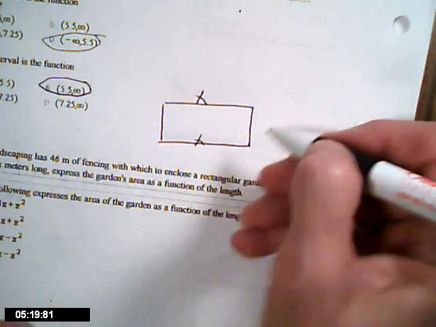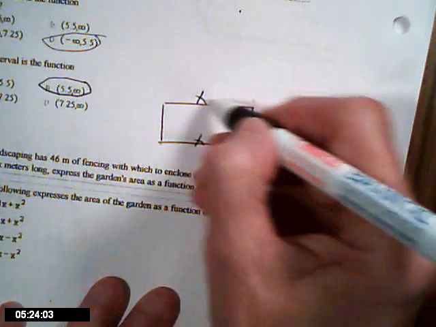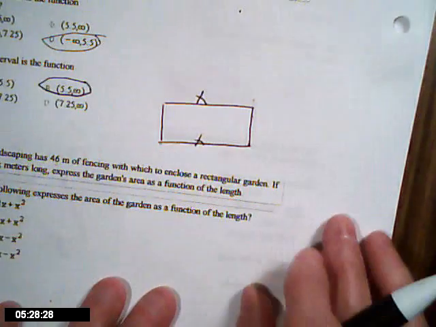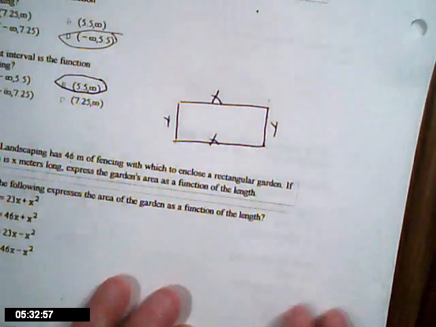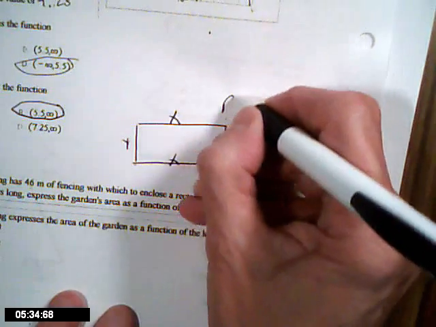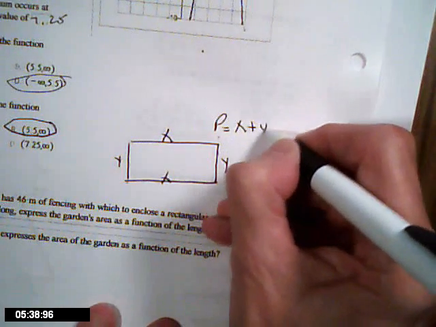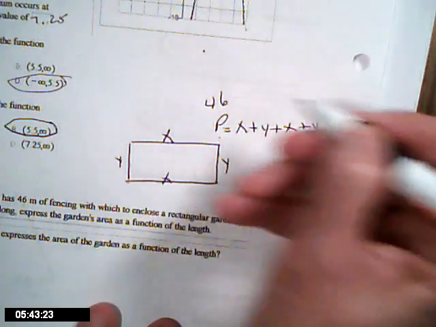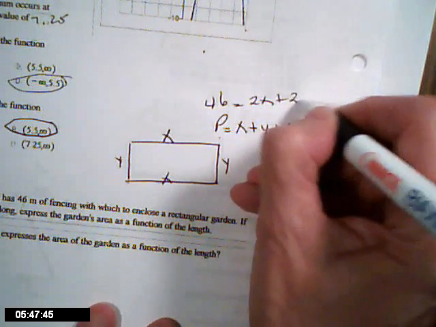Well, if this is x, remember I have to go all the way around this garden, using only 46 meters of fencing. So let's say that this is going to be, let's just call it y. That 46 is our perimeter. If you remember, perimeter is all around, x plus y plus x plus y, and we know that perimeter is 46, and that's 2x plus 2y.